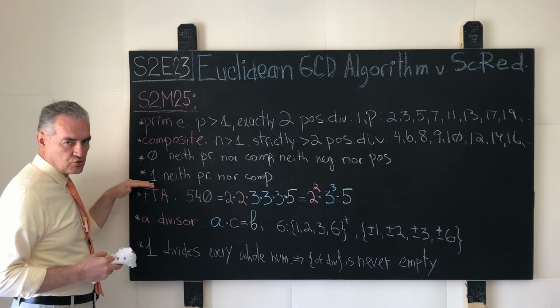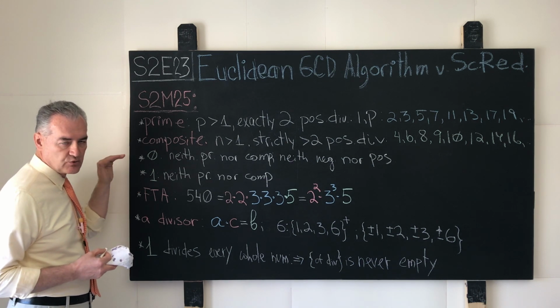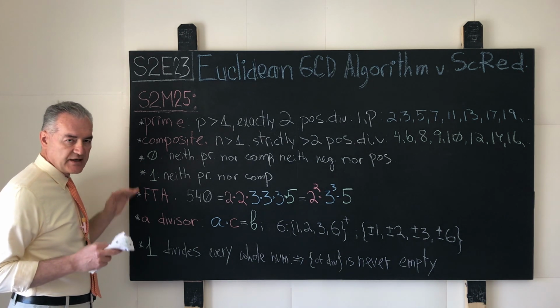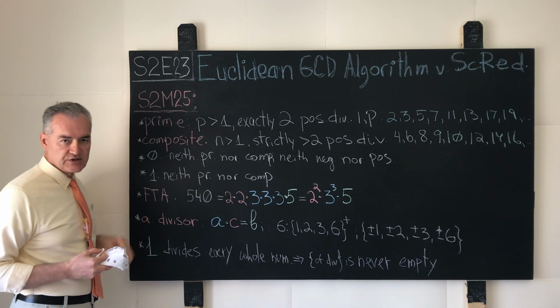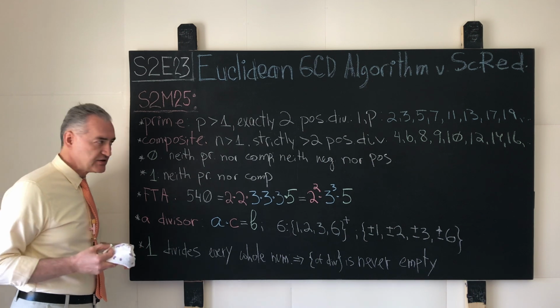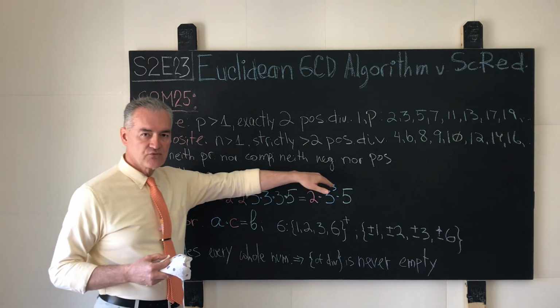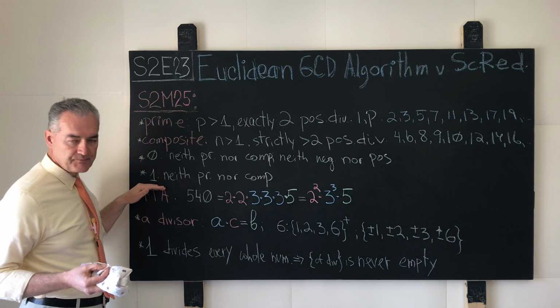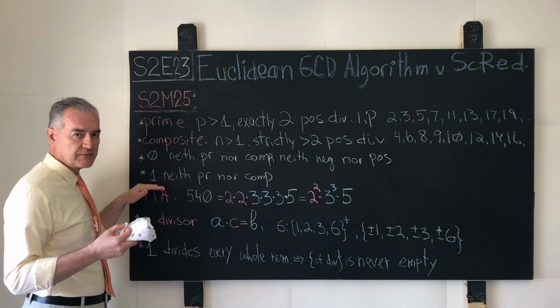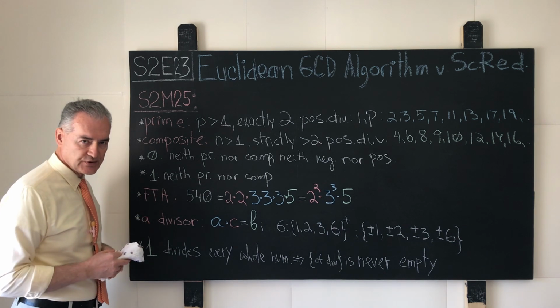Now, even though we will not be looking at numbers 0 and 1, again to establish the common ground and the common language, 0 is a number that is neither prime nor composite, and it is neither negative nor positive. Number 1 is neither prime nor composite for all sorts of fabulous historical reasons.